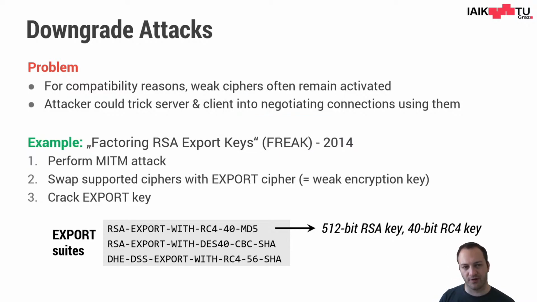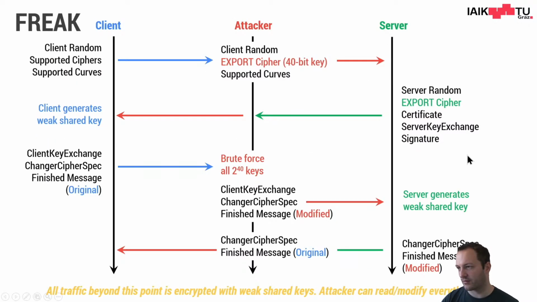And it will show you a list of supported cipher suites, and among them we will also still see these export ciphers. So how does it work? There's a man-in-the-middle attack going on. The client actually supports probably secure ciphers also, but throughout the man-in-the-middle attack, the attacker simply swaps the secure cipher suites by export ciphers with a weak key, and goes to the server.